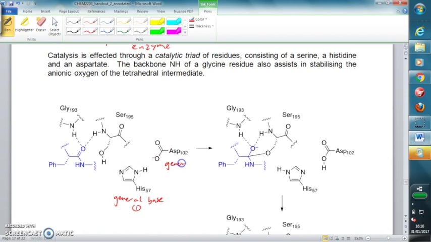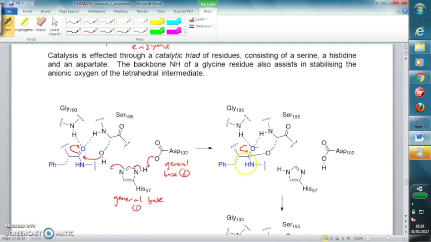So this is another general base. So we get this concerted sort of proton shuttle. The aspartate takes a proton off the histidine, while the histidine is taking a proton off the serine, while the serine is attacking the amide. So that gets us to this tetrahedral intermediate, stabilized by these hydrogen bonds, and then the stuff goes in reverse.